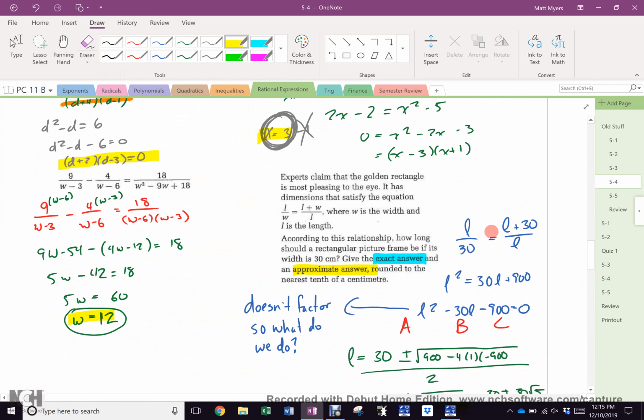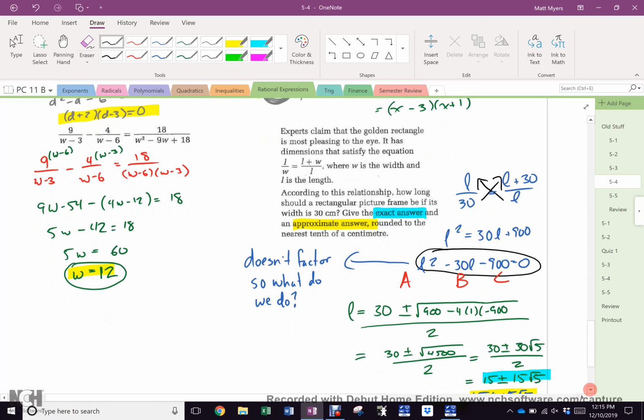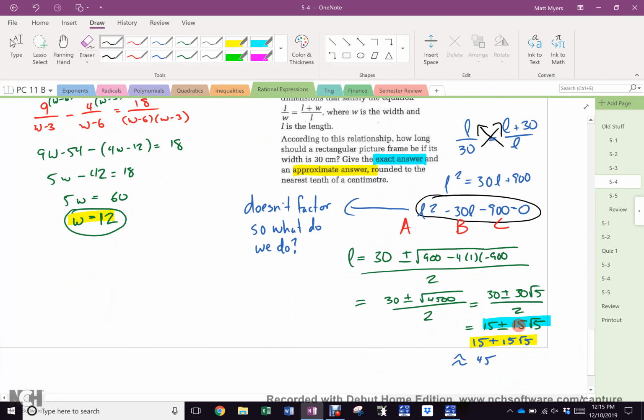And there, of course, is the fourth one, which you cross-multiplied, got to this mess, which doesn't factor. So you go to the quadratic formula, and you get 15 plus or minus 15 root 5 as your roots.